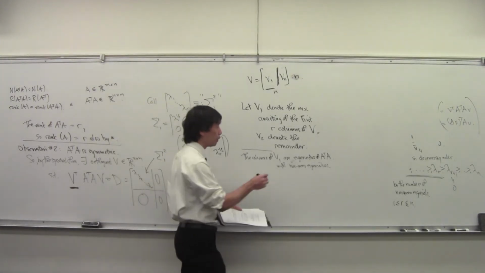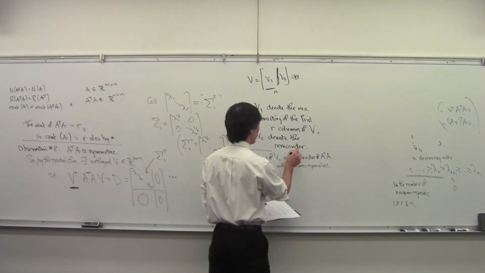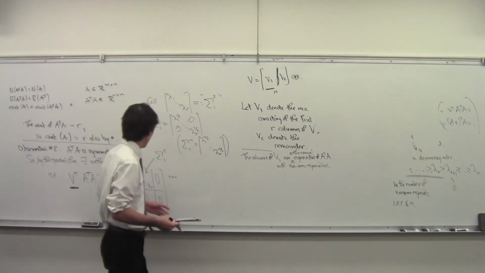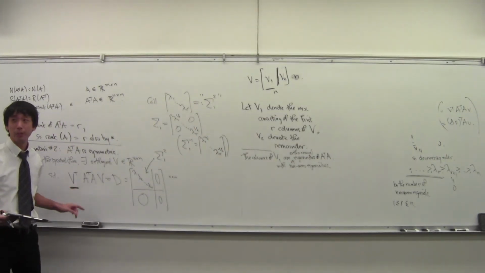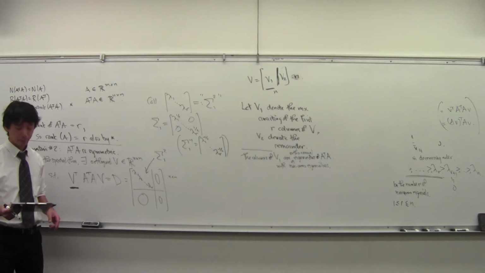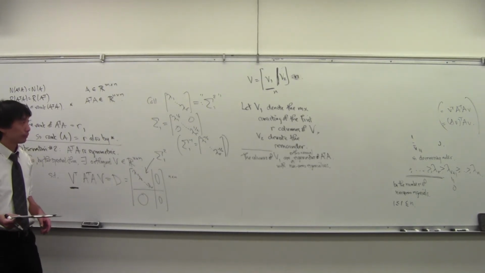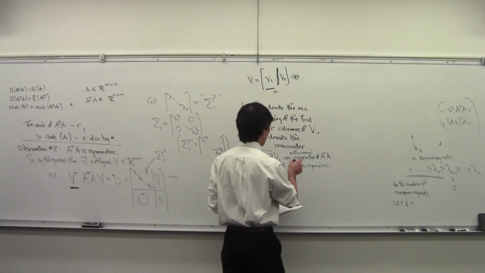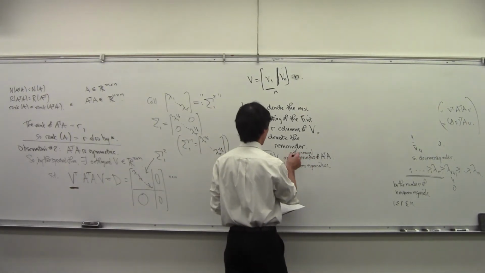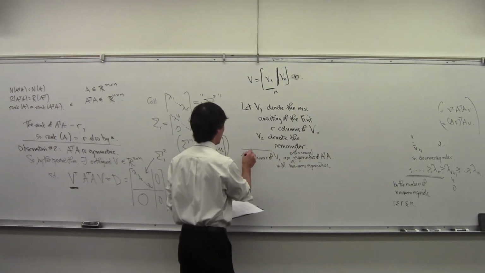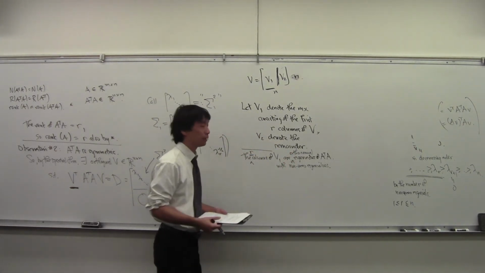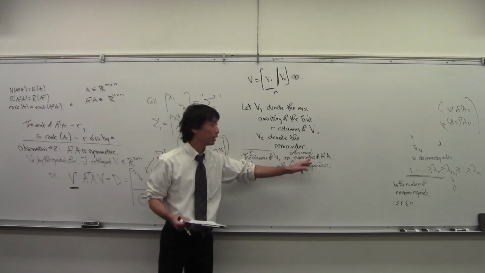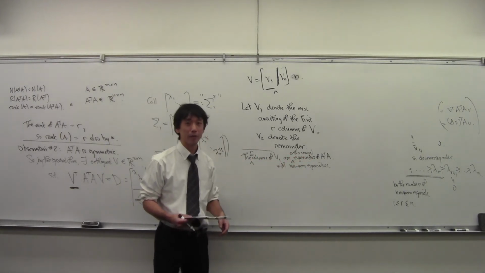And they're orthonormal, because V was an orthogonal matrix. And there's r of them. So the r columns of V are orthonormal eigenvectors of A transpose A with non-zero eigenvalues.